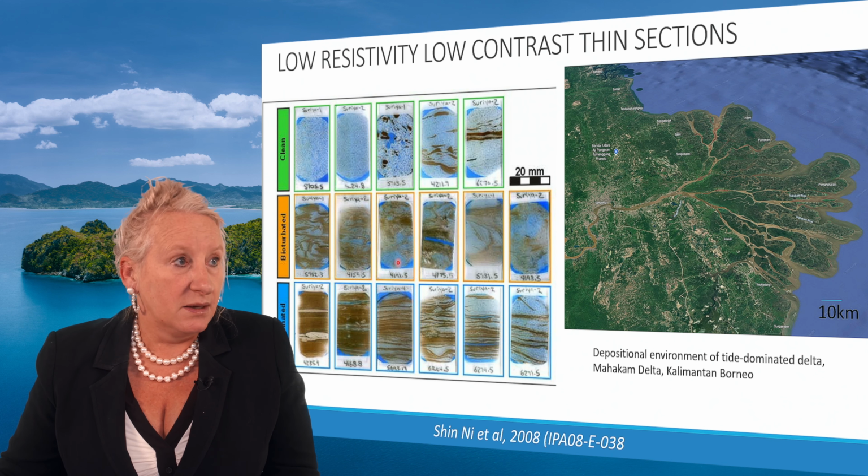And this is just to show you in terms of the depositional environment what we would be seeing. We've seen this is the Mahakam Delta, Kalimantan, Borneo, and we would be starting to be really just somewhere up here in this area of complex interplay of sand and mud in the system.